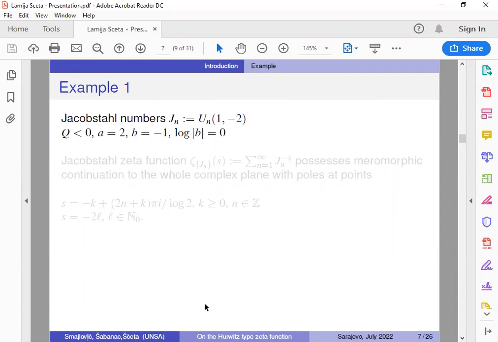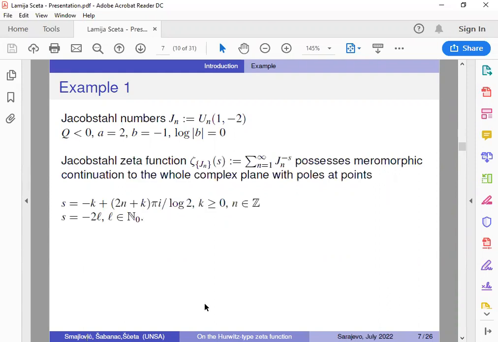And now we may apply the fourth case of the previous statement to imply that the Jacobsthal zeta function, which is initially defined for positive values of s, possesses meromorphic continuation to the whole complex plane with simple poles given by this first expression. And in the special case, we can see that it has poles at even negative numbers.